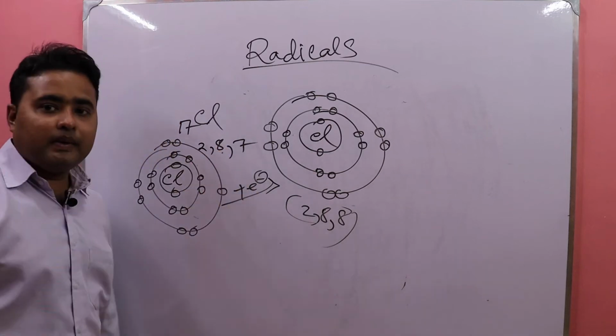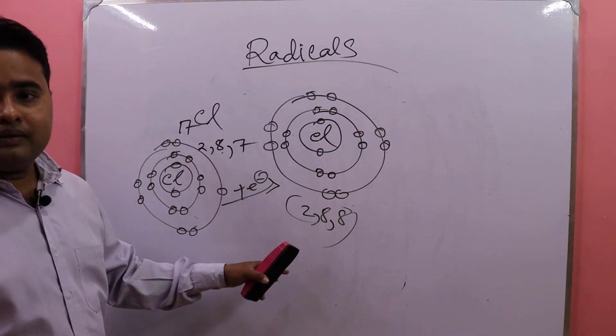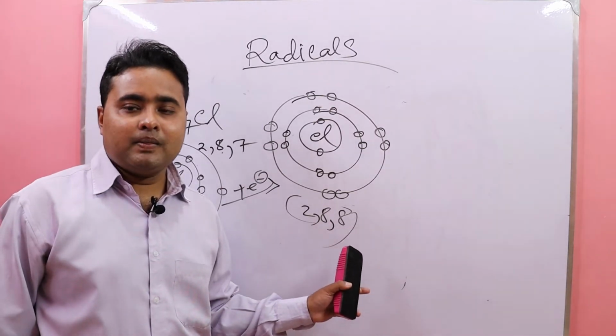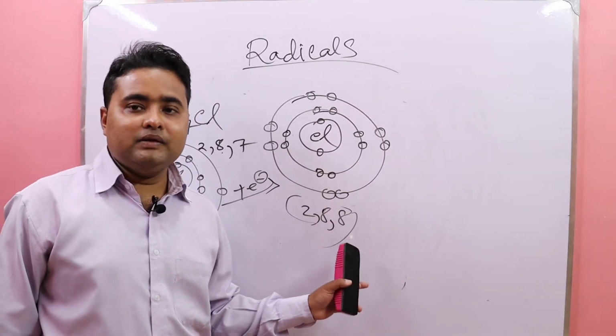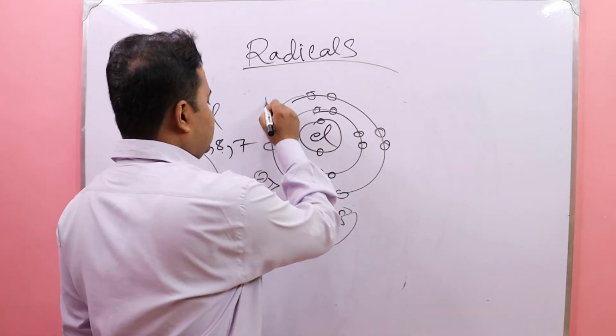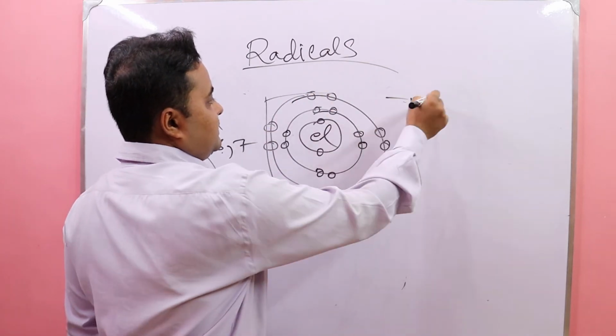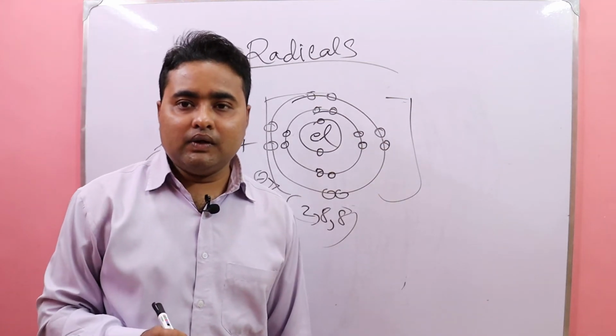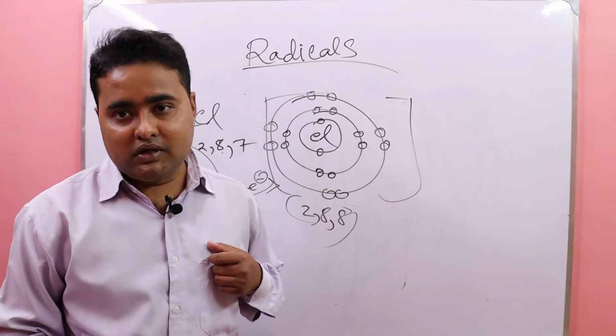Previously it is 2, 8, 7, but by gaining one electron, it becomes 2, 8, 8, and it forms a negative charge, because when an atom gains an electron, it becomes negatively charged.